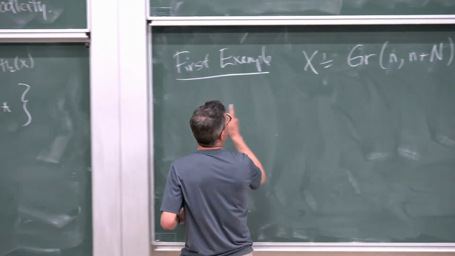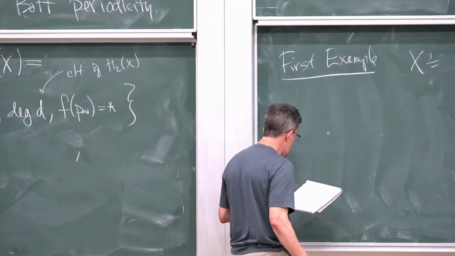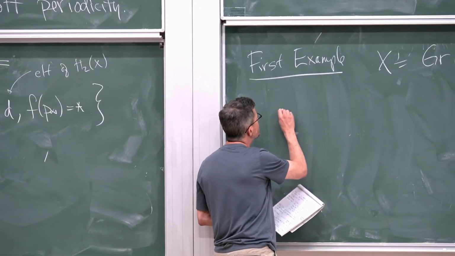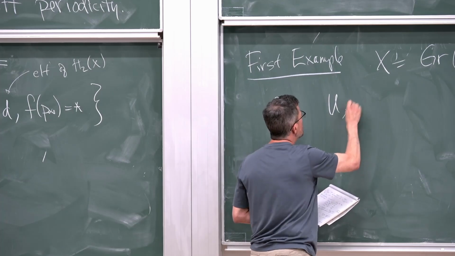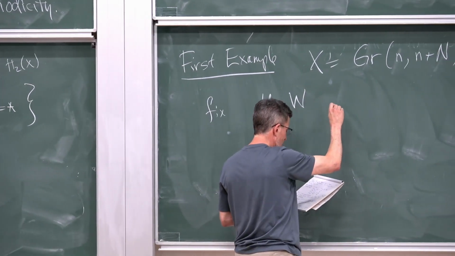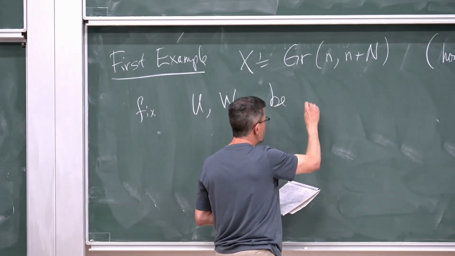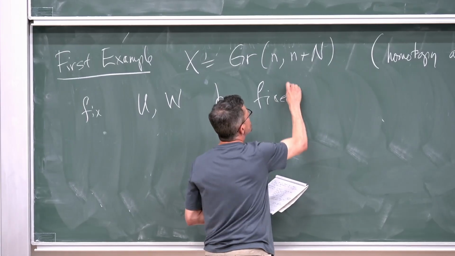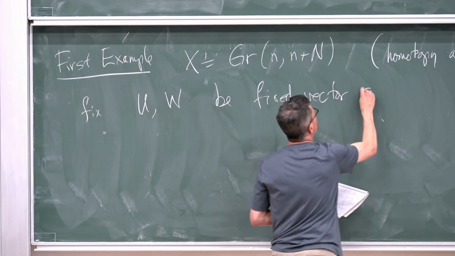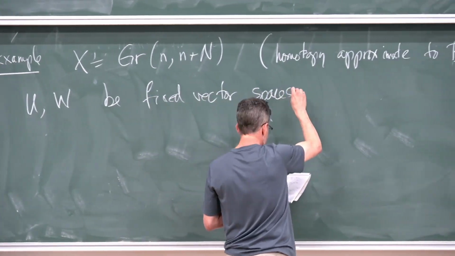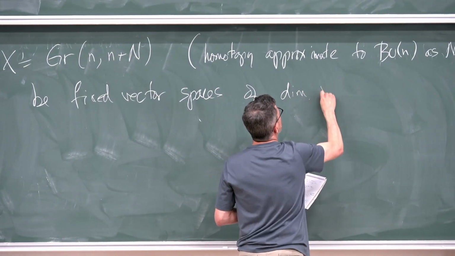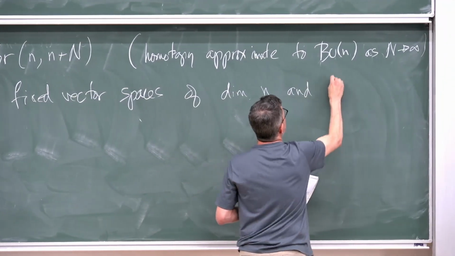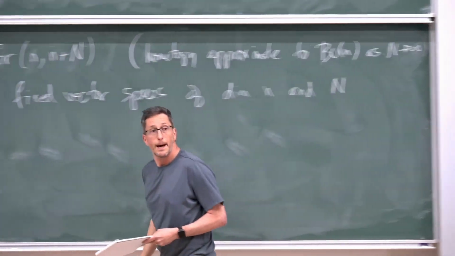And so let's now study this algebraic loop space. So let me fix some vector spaces. Fix U and W to be fixed vector spaces of dimension little n and capital N respectively.